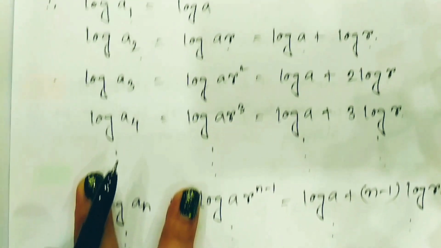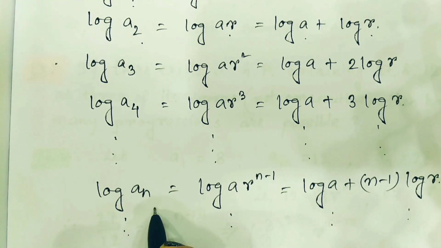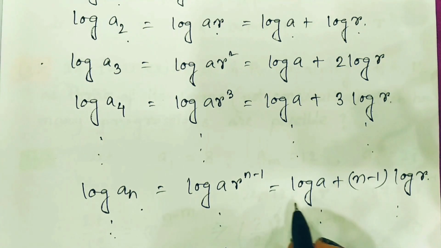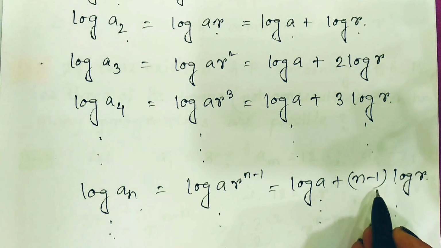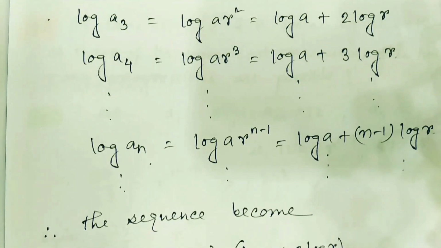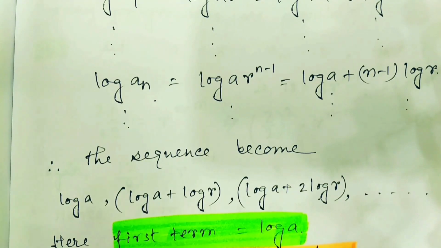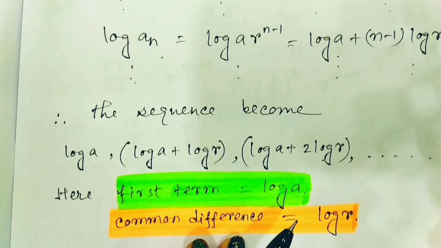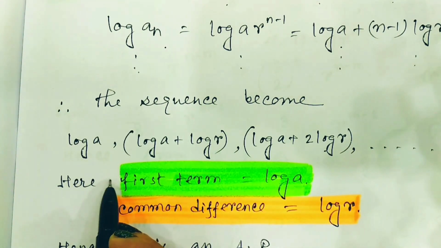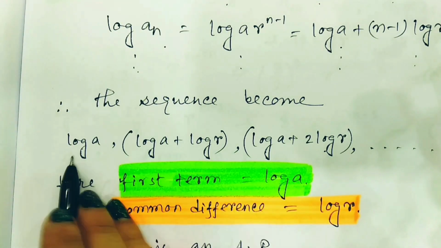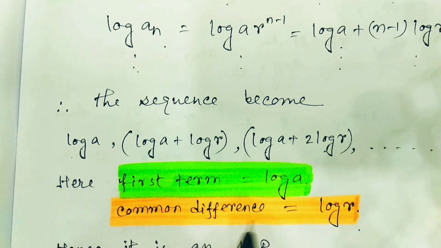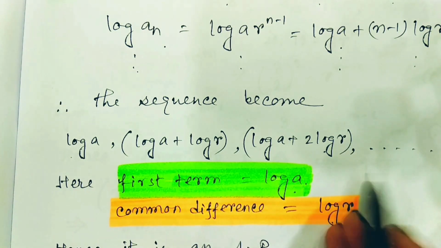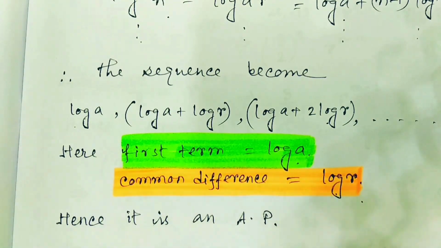In this way, we can write the last term, log an, which is equal to log ar to the power n minus 1, which on simplification is log a plus (n minus 1) log r. So this sequence becomes: log a, log a plus log r, log a plus 2 log r, in this way, the new sequence. Here the first term is log a, and the common difference, if we subtract any two consecutive terms, is definitely log r. Hence we can say this one is an AP series.